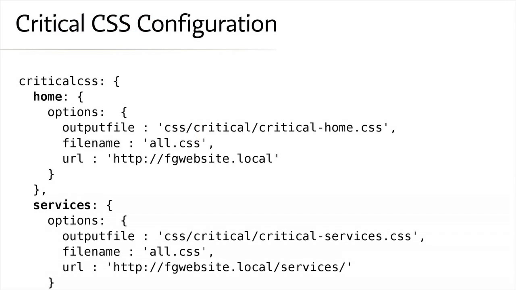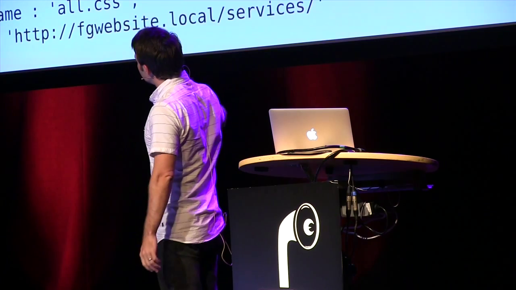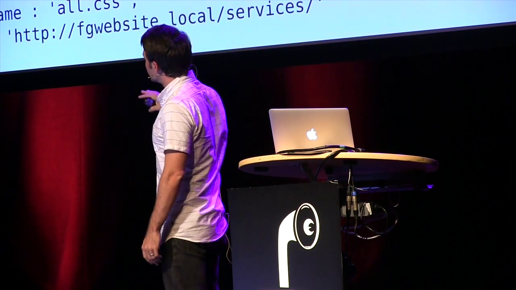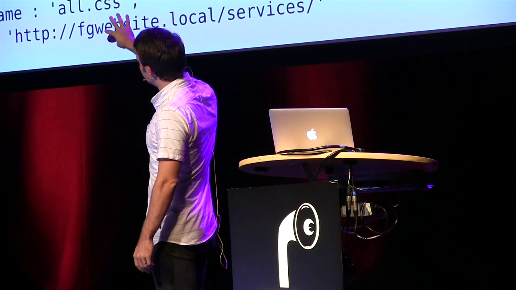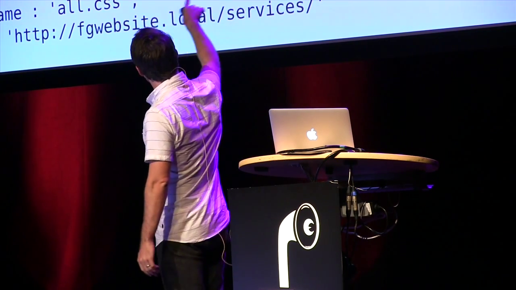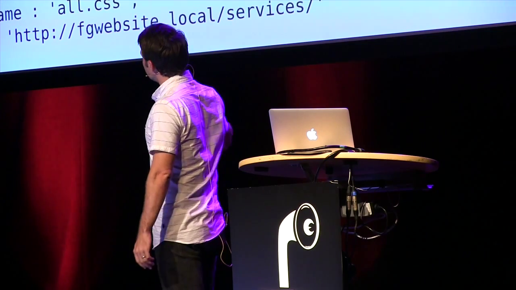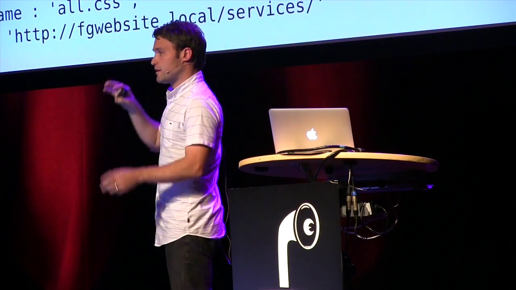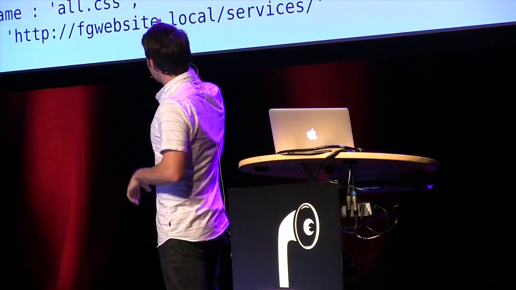So you can see how this JSON format, JavaScript objects, starts to describe how this tool should run. So first we'll run the homepage, and we want to output the critical CSS rules to that first file path. We want to analyze the full style sheet that applies to all pages on the site. That's all CSS.